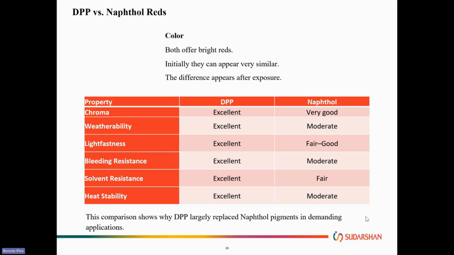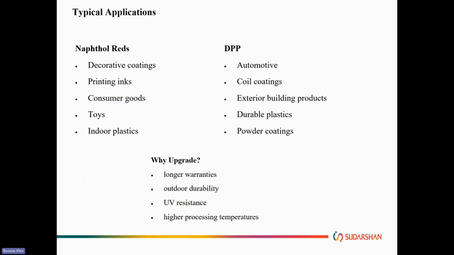So again, it's really choosing and matching your application needs and color space. They have similar applications, but also different ones. We tend to see the naphthol reds more on the decorative or printing side, indoor plastics, because they just don't have as good durability as the high performance areas.